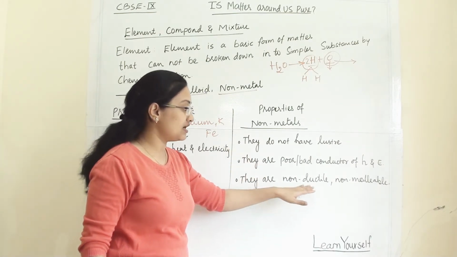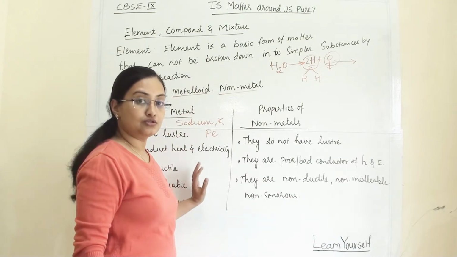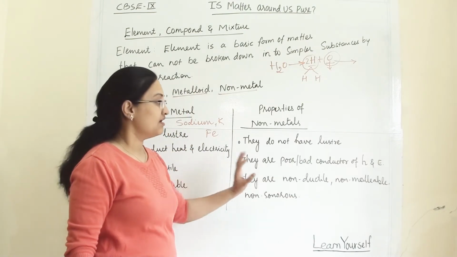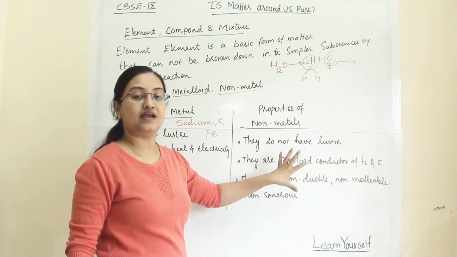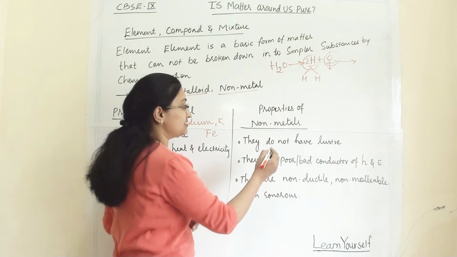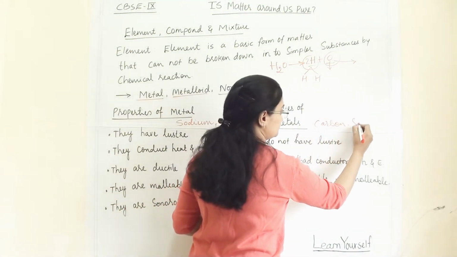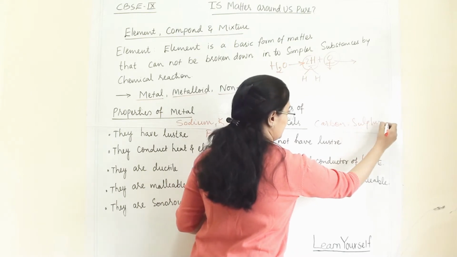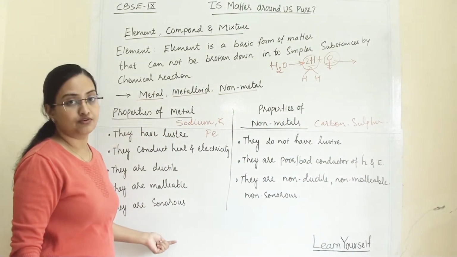They are non-ductile, non-malleable, and non-sonorous. You can also write metals are hard, whereas non-metals are soft, liquid, and gaseous substances. Non-metals you can write carbon, sulfur. So these are non-metals, and these are the properties of metals.